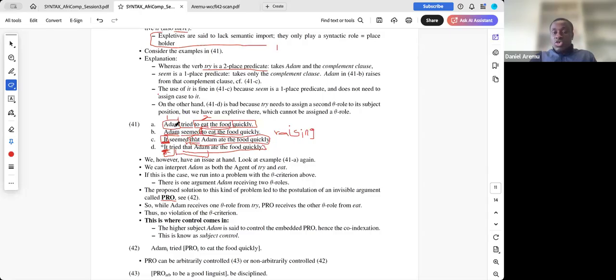But with control, Adam is base generated in this position and controls a pro, a big pro. A big pro just means a pronominal item, which is phonetically null, but semantically contentful.